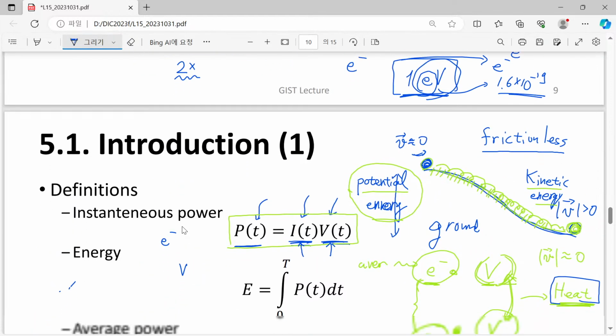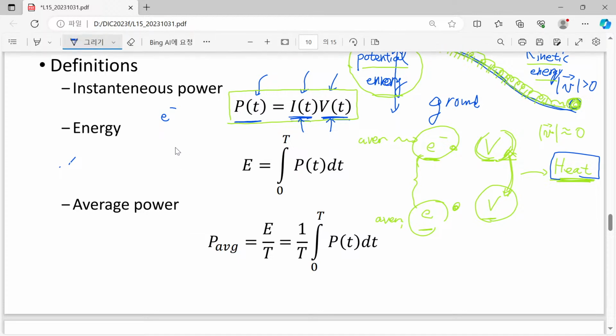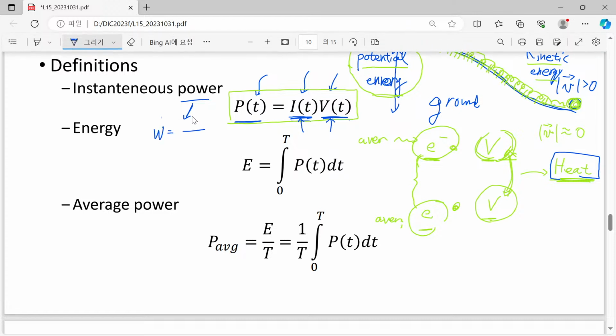Okay. So now we have terms like power. The unit of power is watt, but this is energy dissipation per unit time.